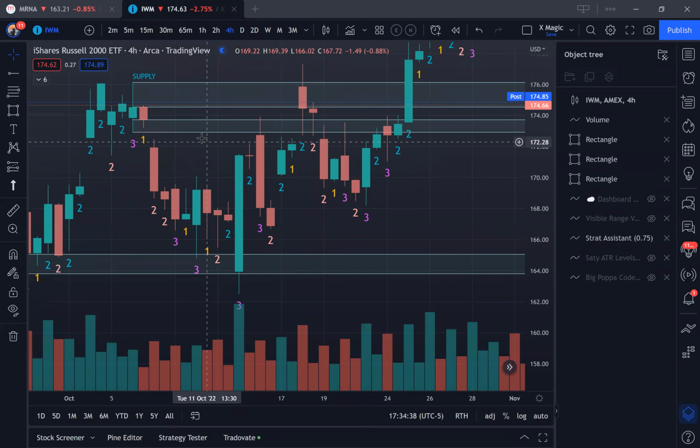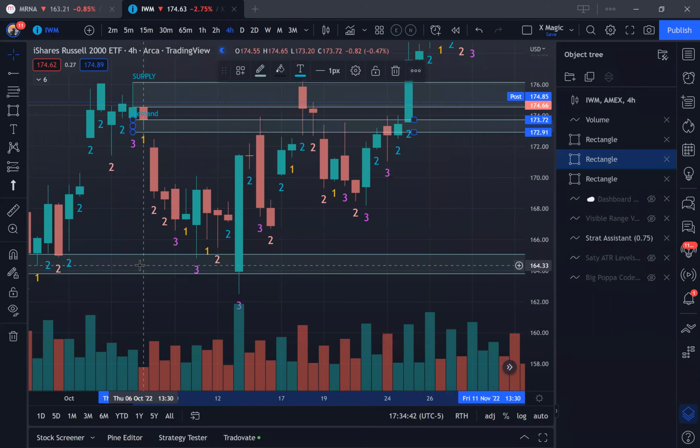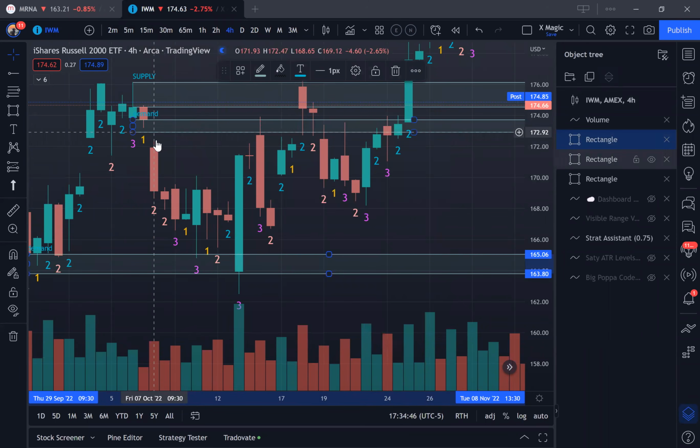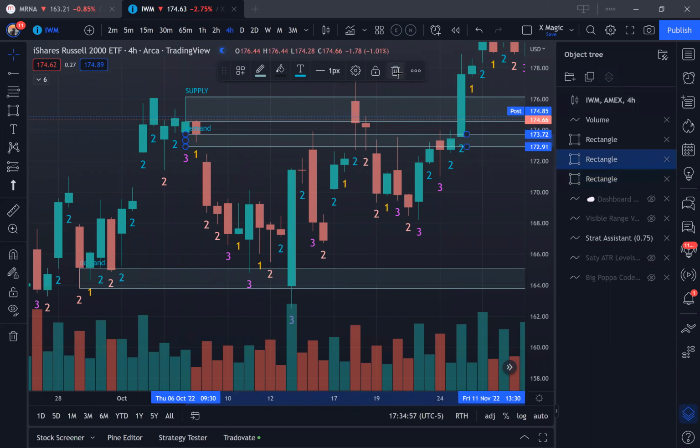So let's just say this will be demand, but this will be better demand for me. I wouldn't really make it that tight. So supply level, they came back up from this area. They sold it back out of it. I'll get rid of this because it will be a little confusing.